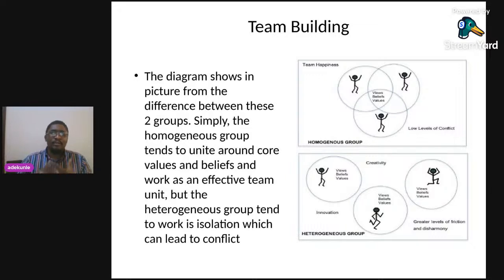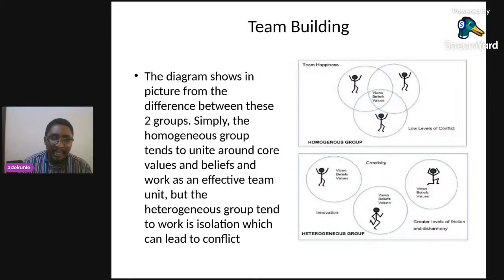Now, when we talk about a team, if you look at this diagram here, the diagram shows a picture of two different types of groups. All right, the homogeneous and the heterogeneous. You can see that the heterogeneous are divided. There's no unity of purpose within the team, from this graph. What unites them is not there.